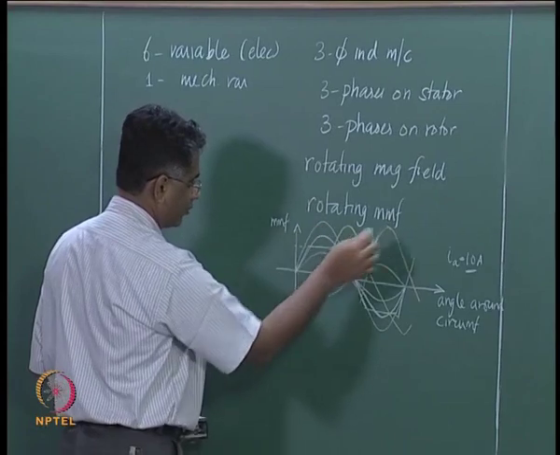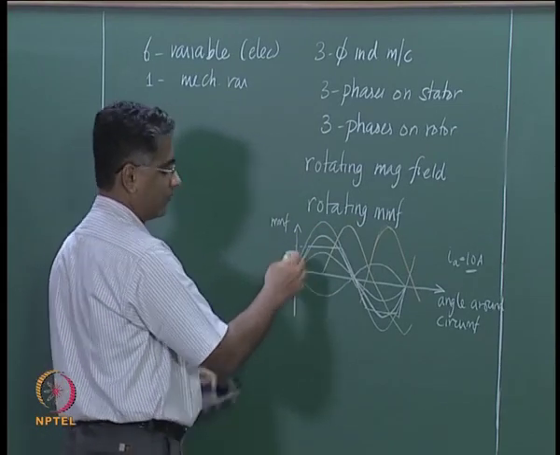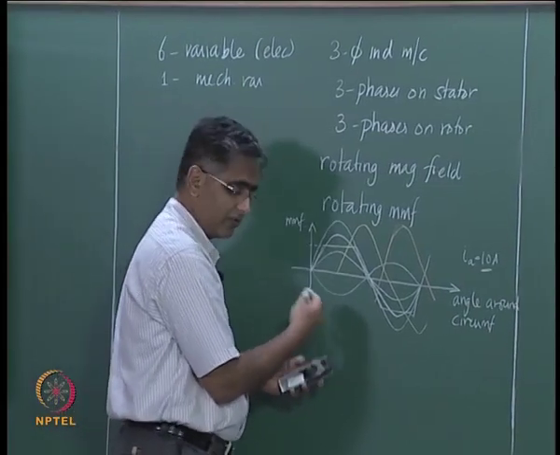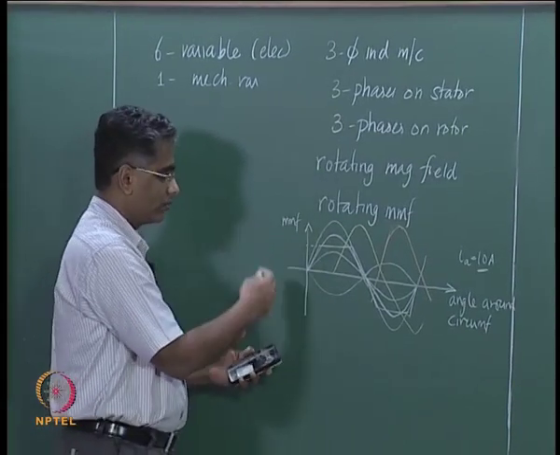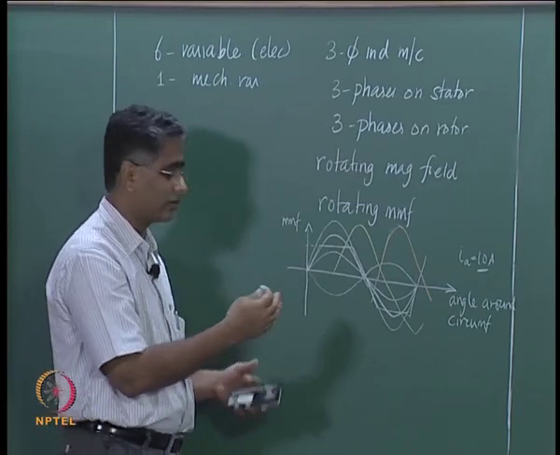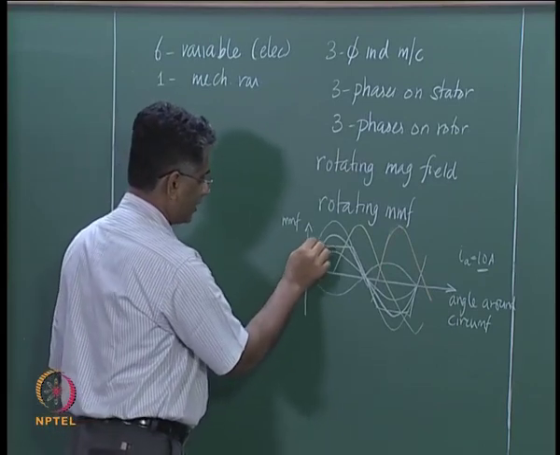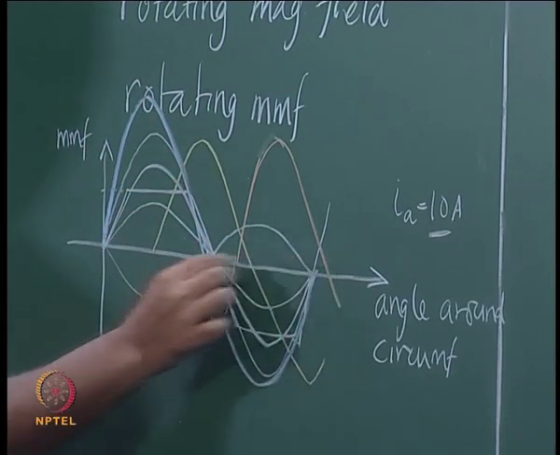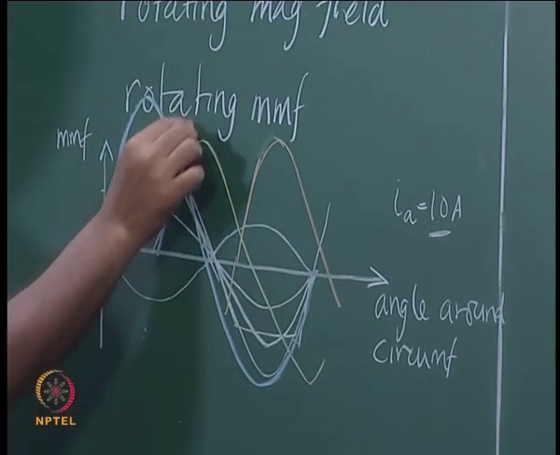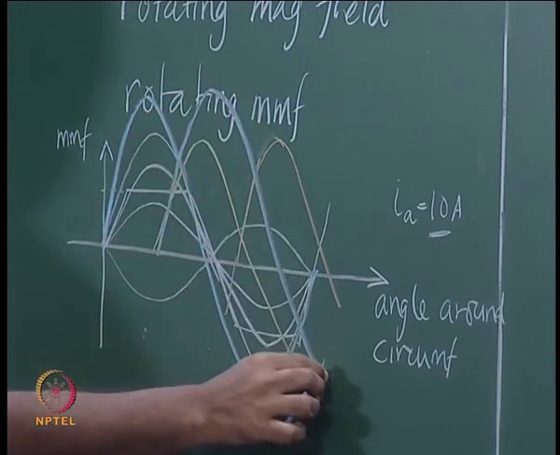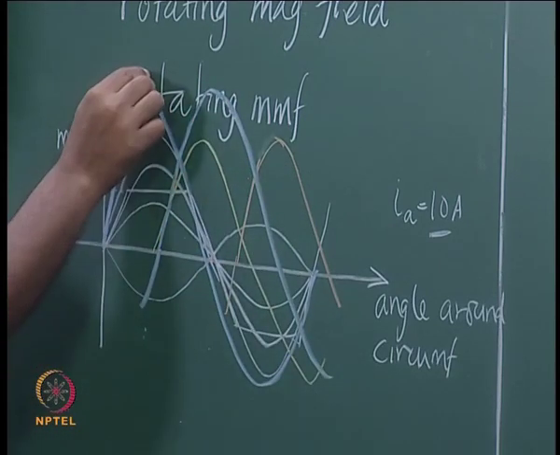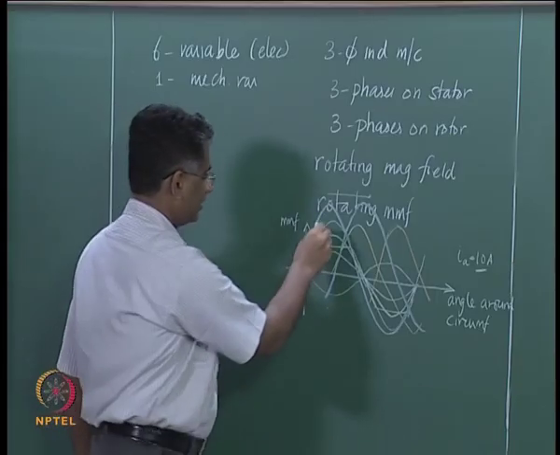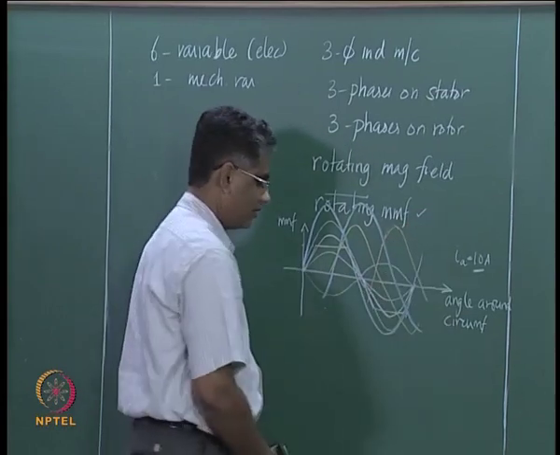If you add up all these at every given angle for sinusoidal excitations that are 3 phase, that means 120 degrees displaced with respect to time, then you would get a sinusoidally varying MMF waveform that moves with respect to time and has a constant amplitude. So you get a moving waveform which in a circumferential air gap is nothing but a rotating MMF.